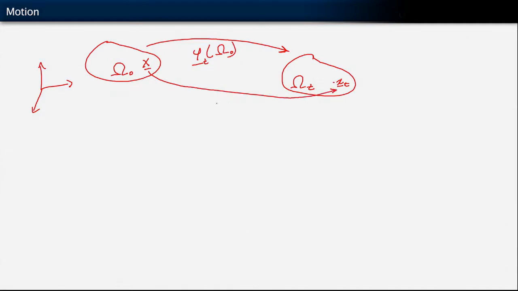It maps that reference position x via f sub t of x to little x sub t. Okay, you observe that we've managed to do this now without describing the body at all, right? We're just talking about how one configuration maps to another. In particular, we're talking here about how the reference configuration omega naught maps to a current configuration omega t.